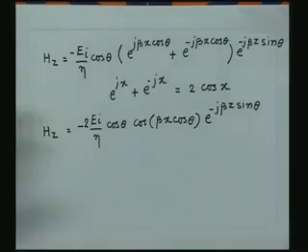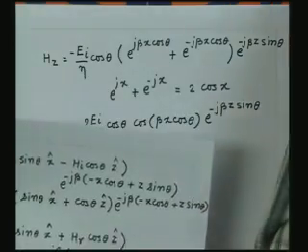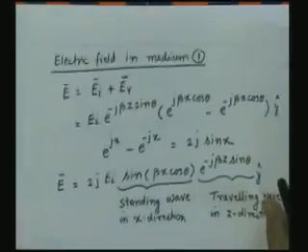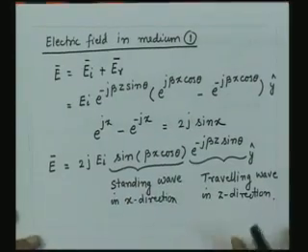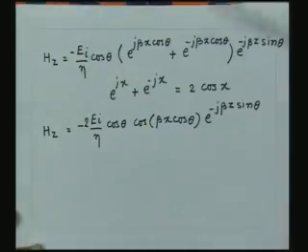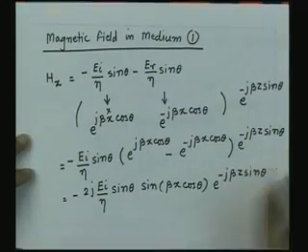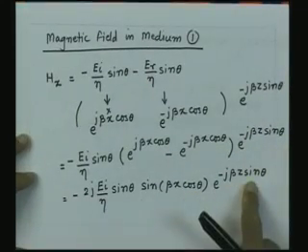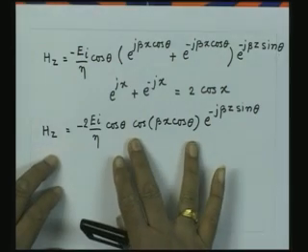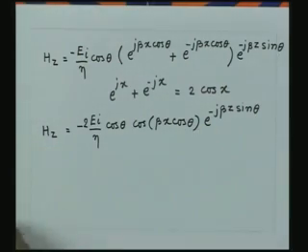So now we have got a complete description of the fields. We got the electric field, which has a standing wave component and a travelling wave component. The x component of the magnetic field has a standing wave component and a travelling wave component, and the z component of the magnetic field also has a standing wave component and a travelling wave component.